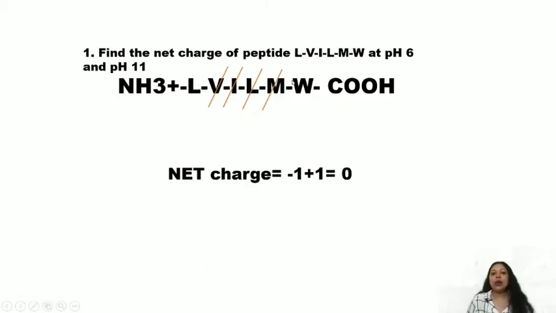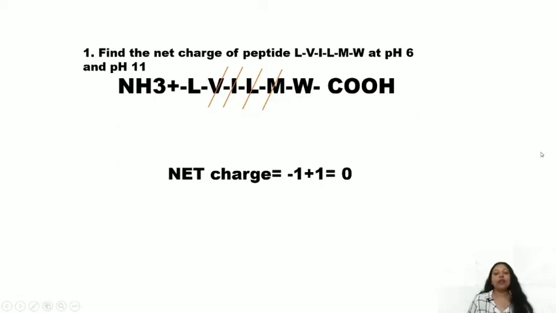Every amino acid has an amino and carboxyl group, but those in between the first and the last all contribute to the formation of peptide bonds. So if they do not have an ionizable R group, they cannot participate in the net charge of the peptide, so we can easily cross out these amino acids. But whatever the terminal amino acid is, we need to note it down because it will have a free amino and a free carboxyl group.